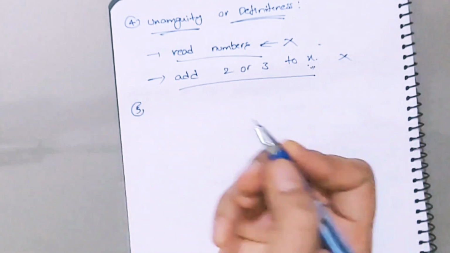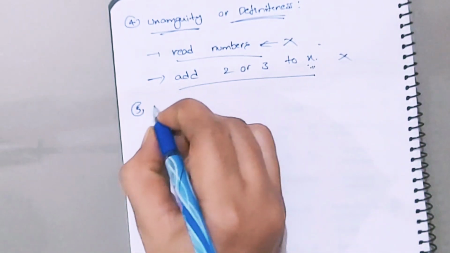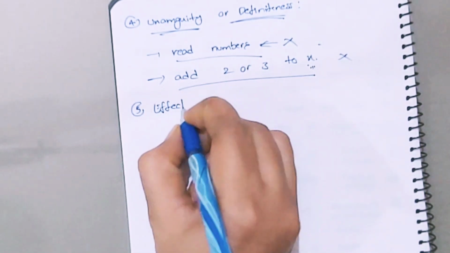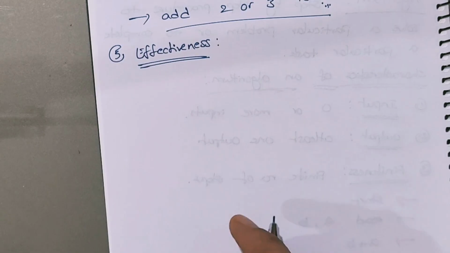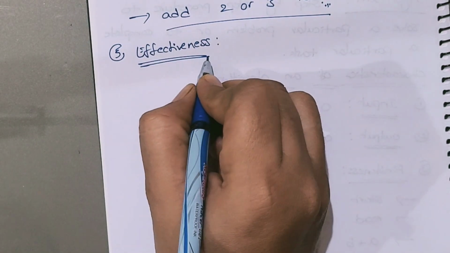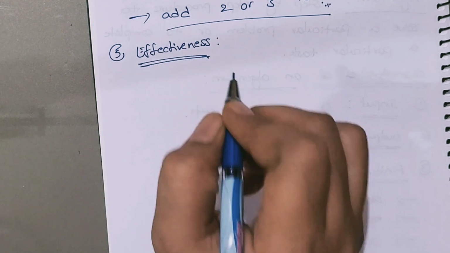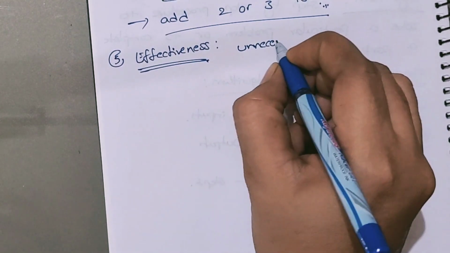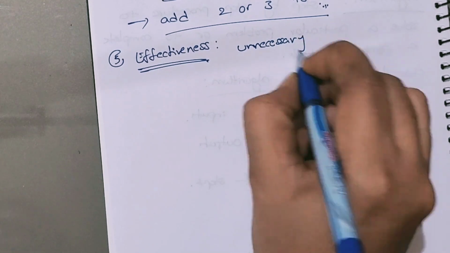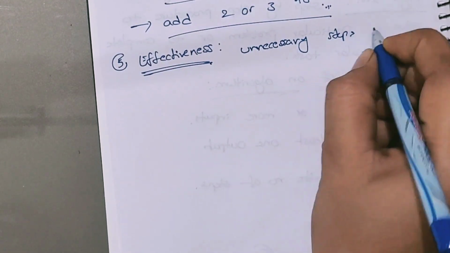Next, the fifth one, effectiveness. Effectiveness means in your algorithm there are no unnecessary steps. You should not write unnecessary steps in your algorithm.